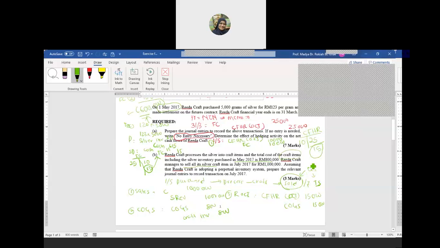So once you sold, you transfer that one. Look at the balance here. The balance that we have here is 15, so 15 is the one that you need to consider. So you're going to debit the cash flow hedge reserve, other comprehensive income 15, and then credit your COGS of 15. Okay, any questions for question 1, part A?